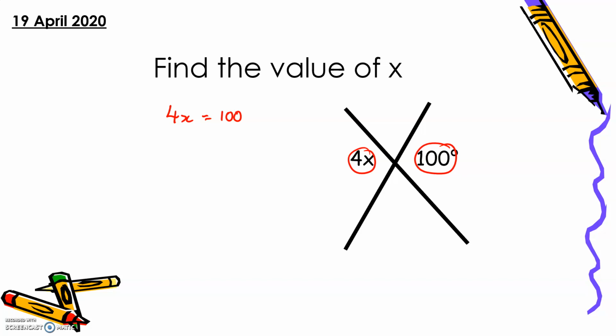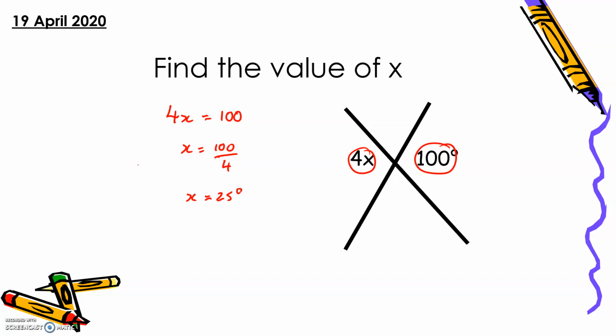So 4 times the number equals 100. So x must be equal to 100 divided by 4, meaning that x must be 25. So the actual angle for 4x is equal to 100, but x itself is equal to 25 degrees.